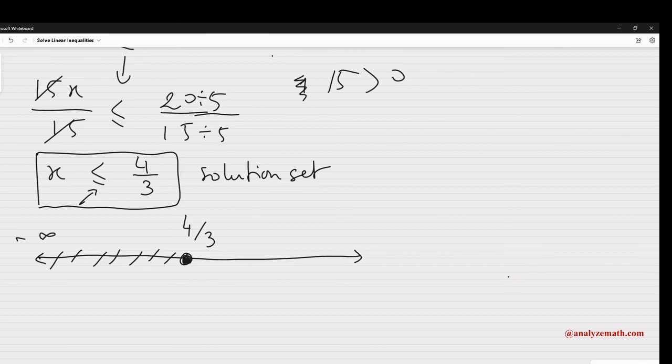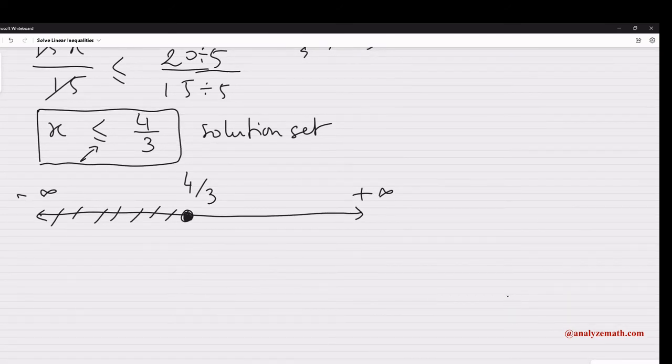This is minus infinity, plus infinity. This is the graphical solution. Now the interval solution: from minus infinity, open interval always, and then 4 over 3, we close the interval, we put square brackets. That means 4 over 3 is included as a solution.